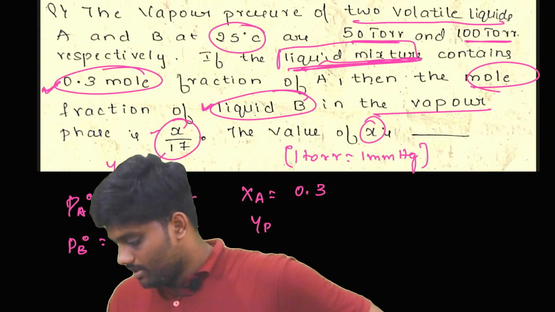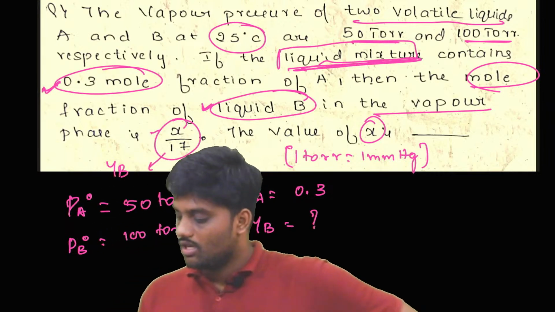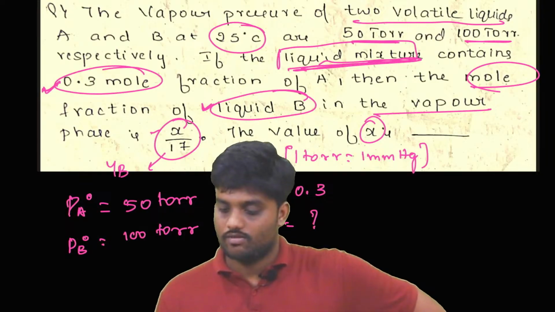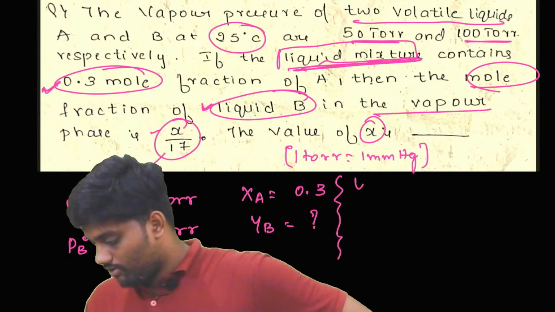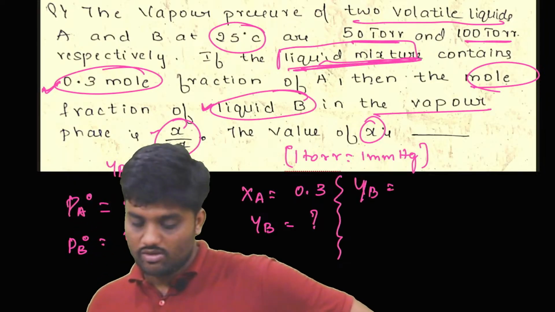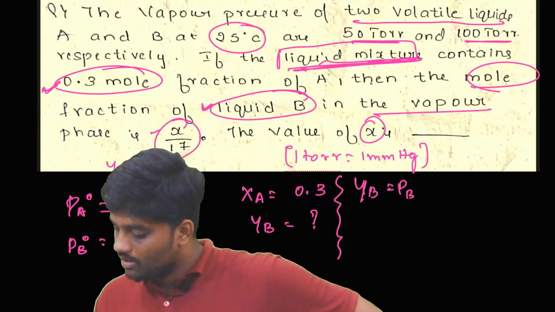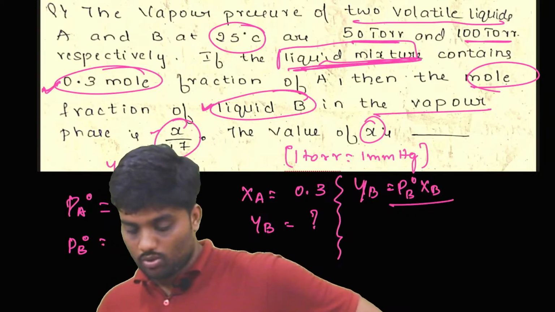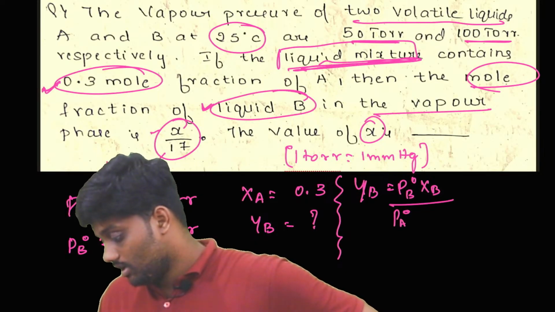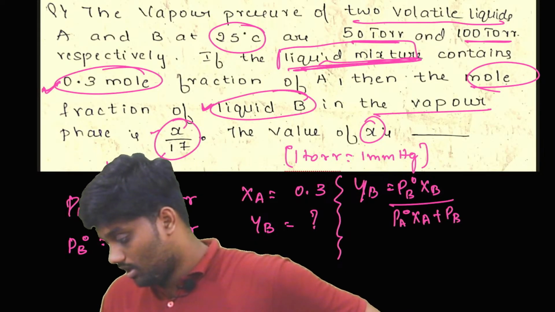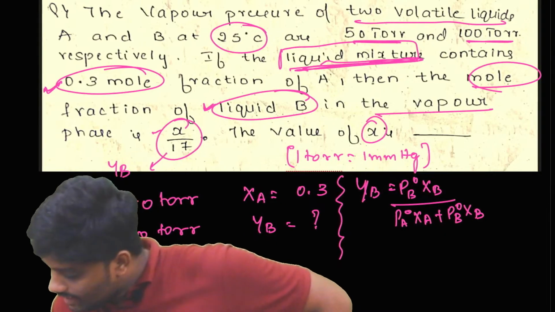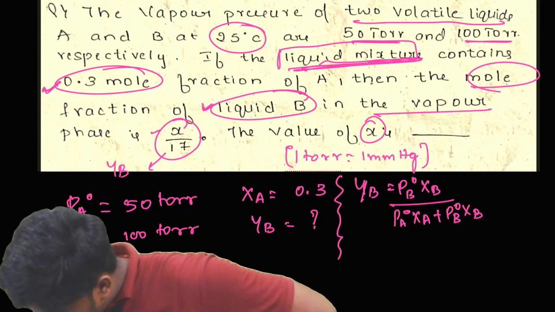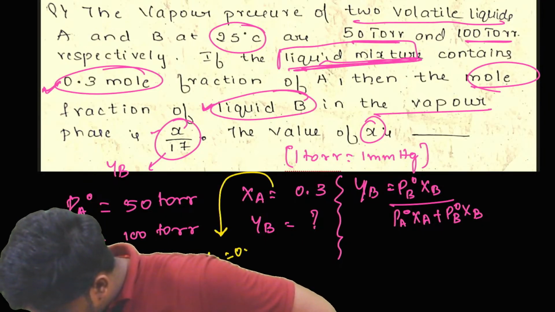They are asking yB, that means the mole fraction in the vapor phase. yB is equal to PB naught xB upon total, that is PA naught xA plus PB naught xB. Since xA is 0.3, indirectly they are saying xB is 0.7.